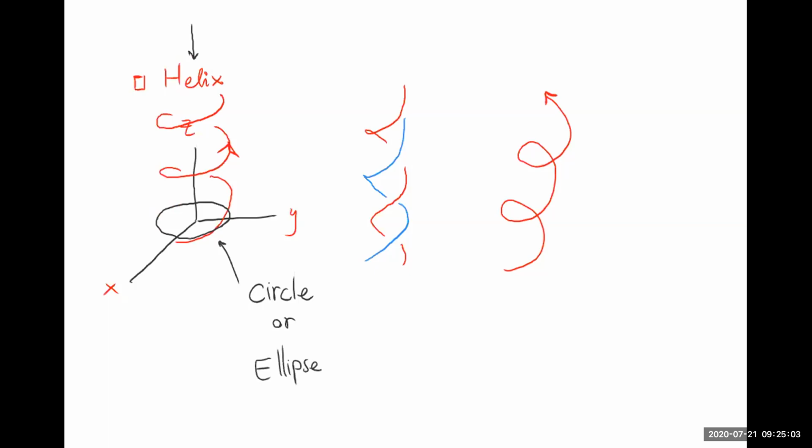So if a particle moves around this curve, it goes up and up and up. If we look at its shadow on the XY plane, it would have moved along this circle.